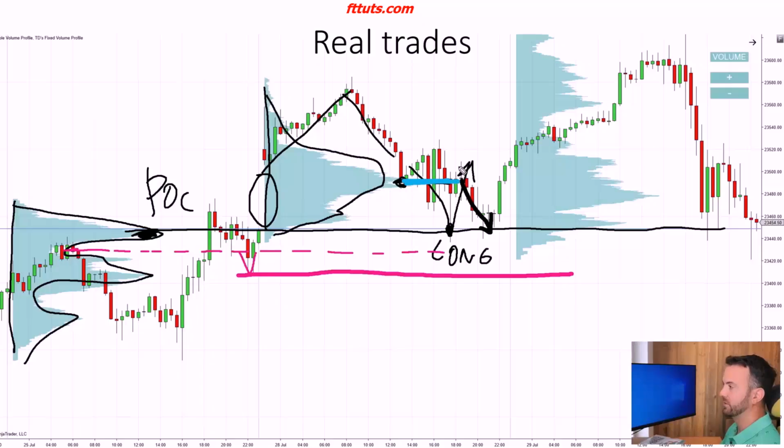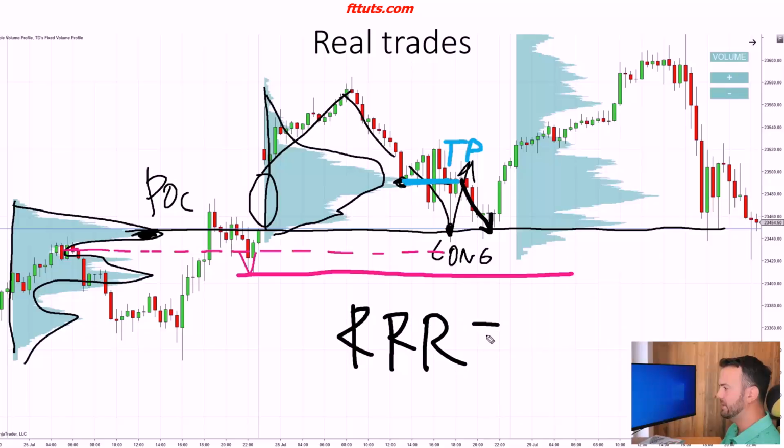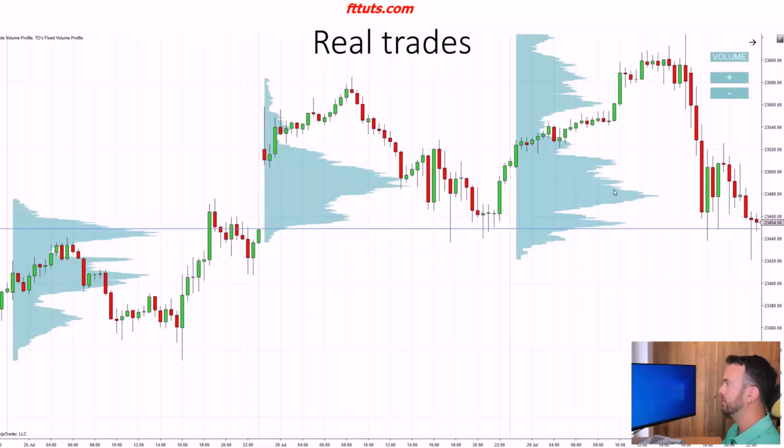So that's why the take profit was in here. As you can see, this is more or less a risk-reward ratio 1 trade. My rule for this is that I want to trade at least with risk-reward ratio 1. All right, that's the minimum. So this was a risk-reward ratio 1 trade. And yeah, this is how it went.